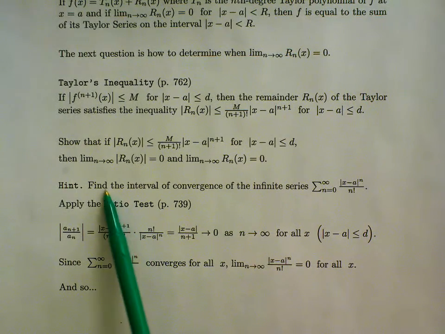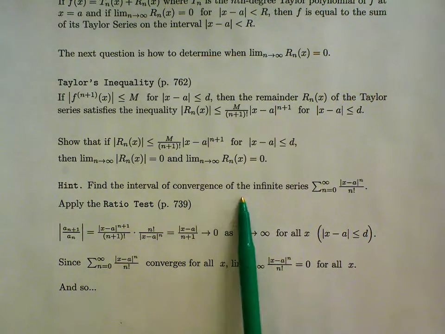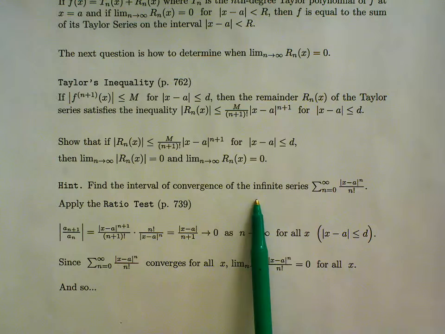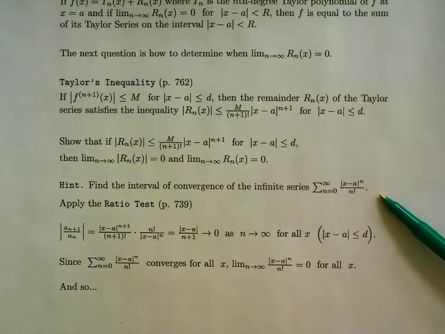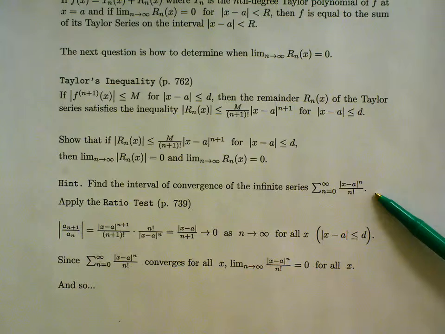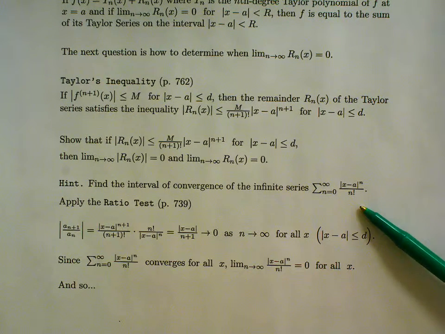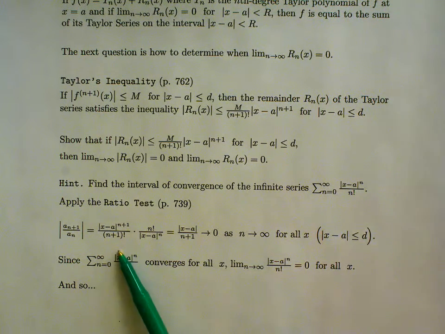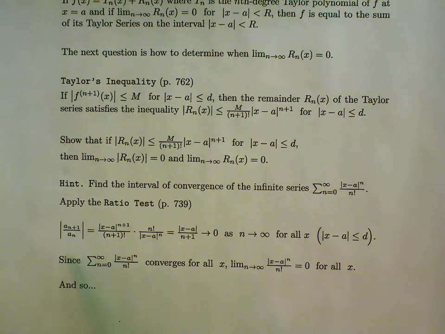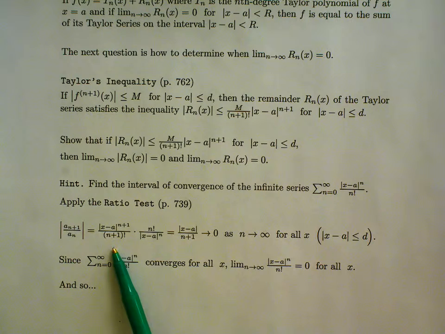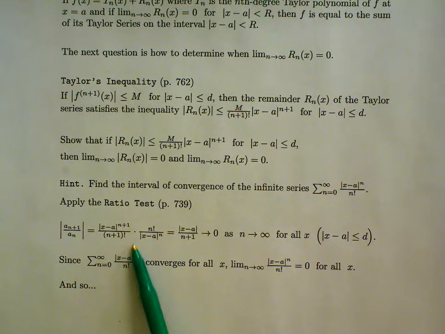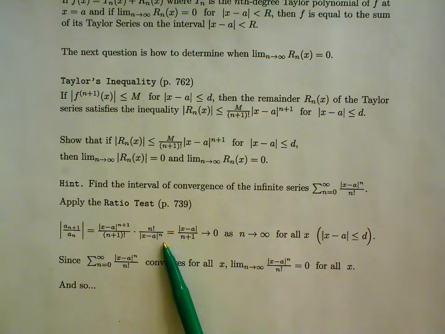Okay, so find the interval of convergence of the infinite series where the terms are x minus a to the n over n factorial. If we apply the ratio test, so the absolute value of a sub n plus 1 over a sub n, we get x minus a to the n plus 1 over n plus 1 factorial times n factorial over the absolute value of x minus a to the n.